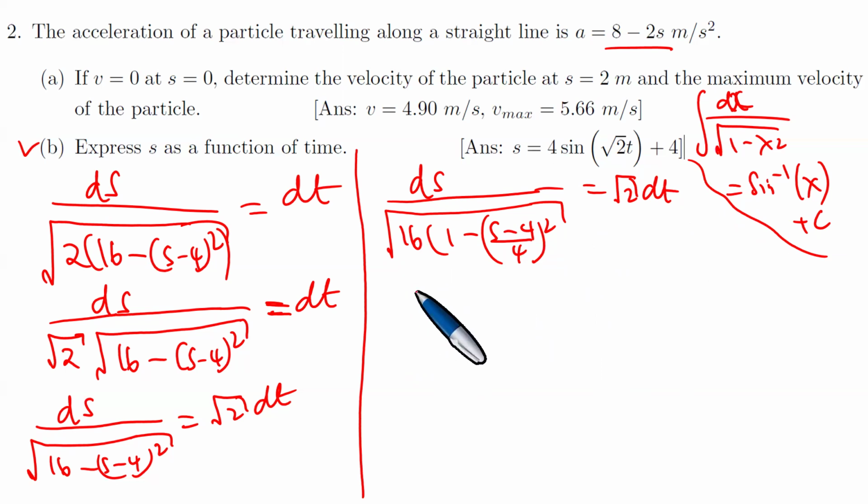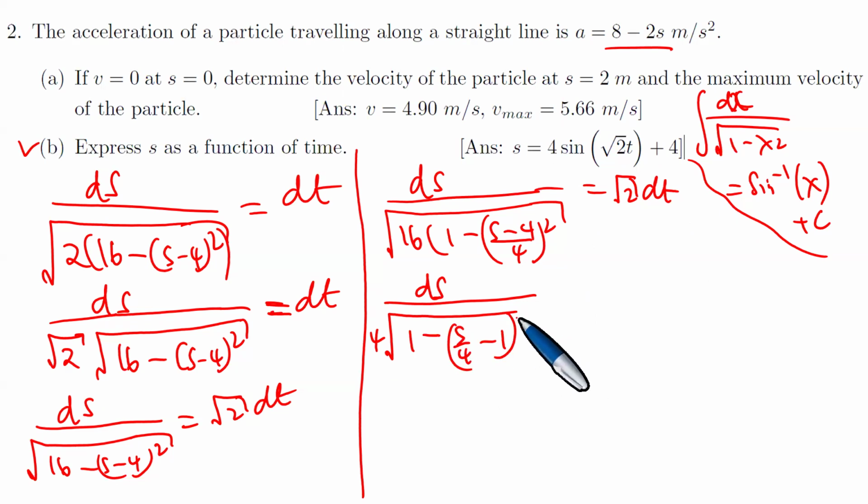Okay, if this is the case, is the s divided by the square root. Okay, the square root of 16 is 4. 1 minus s over 4 minus 1 squared. The square root of 2 dt.